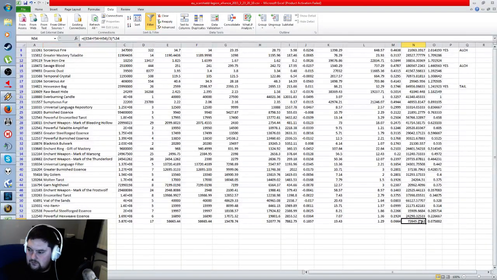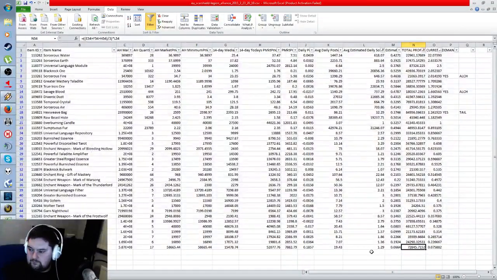Although according to this 73,000 gold per day could be made, the daily sold is just 1, and there's too many posted, there's 19, so you've got 20 different people pretty much in competition for that one sale.